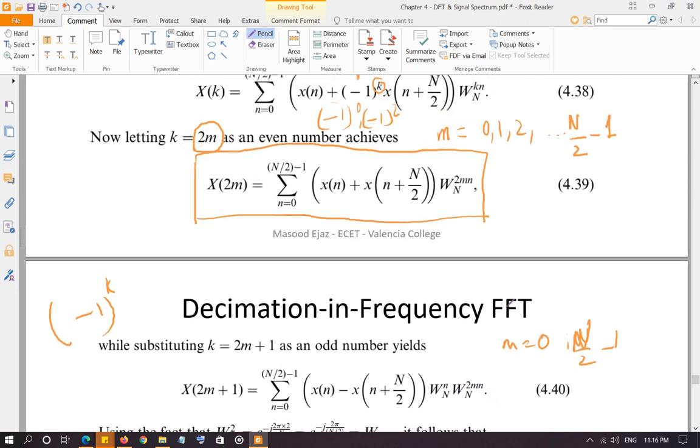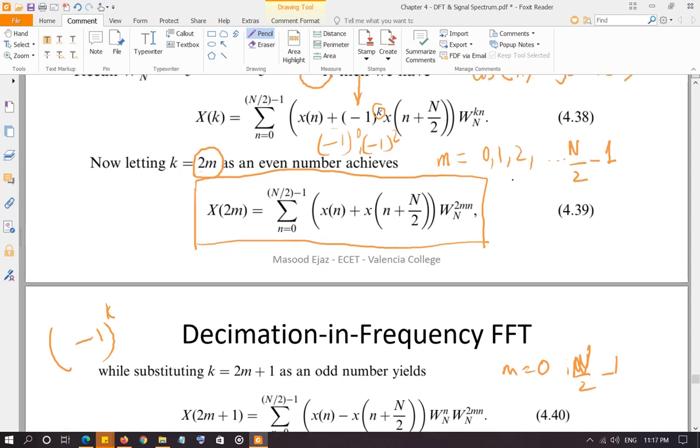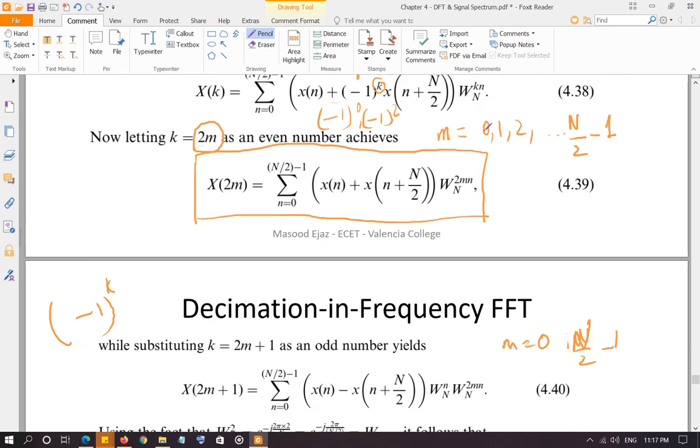Now let me go back. Where is it? Okay, so we are using this expression right here. Now when we have W_N, observe we have two terms over here, but basically it is the expansion, because k is 2m plus 1, remember, right?